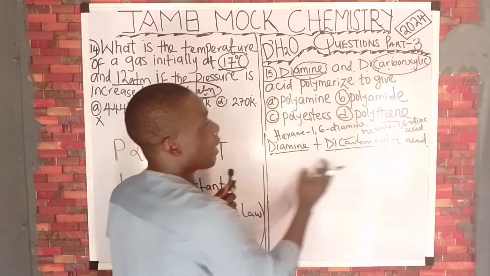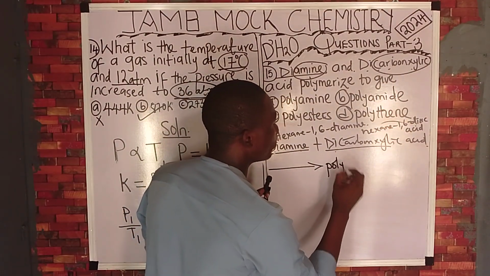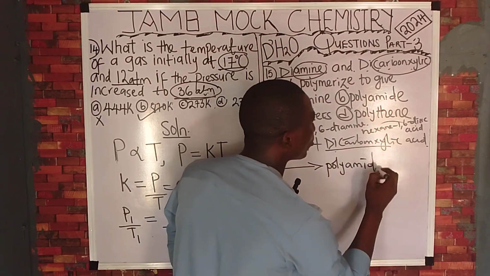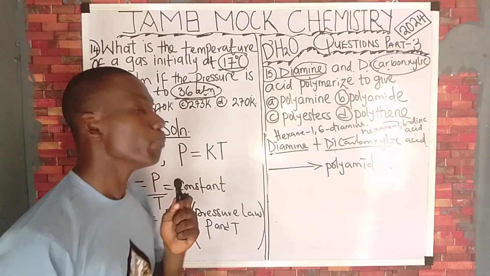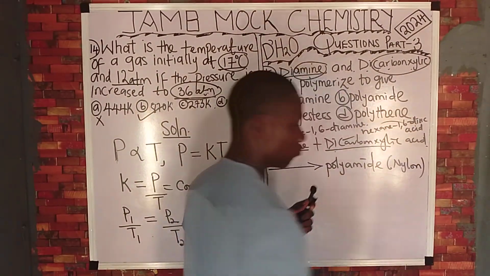By the time this monomer combines with this monomer, what will be formed is called a polyamide. Please take note of this. It is called a polyamide, which is basically called nylon.